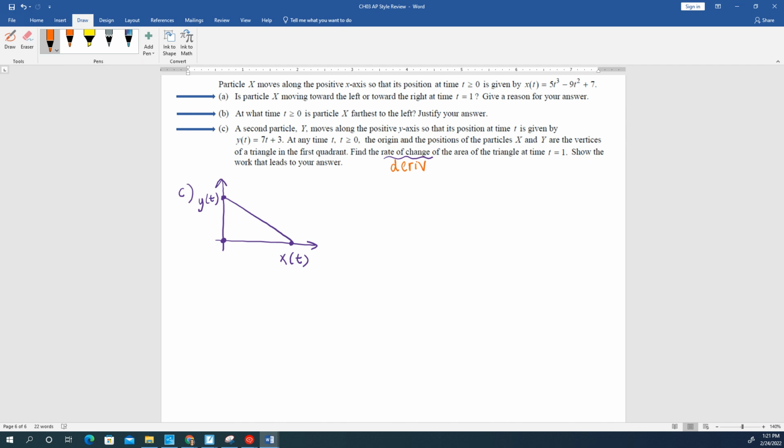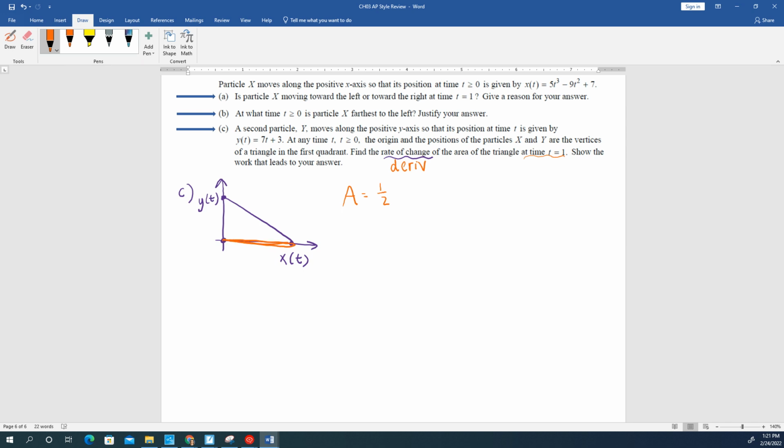And then instantaneous rate of change, I'll obviously plug in 1 once I find the derivative. Okay, so it's the rate of change of the area. So how do you find the area of a triangle? Geometry students? How do you find the area of a triangle? 1/2 times base. Thank you.